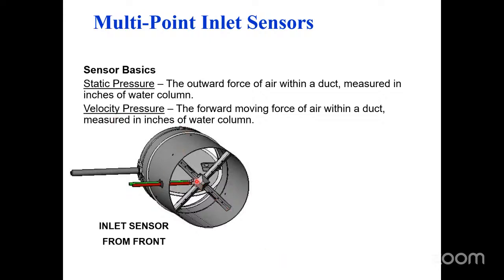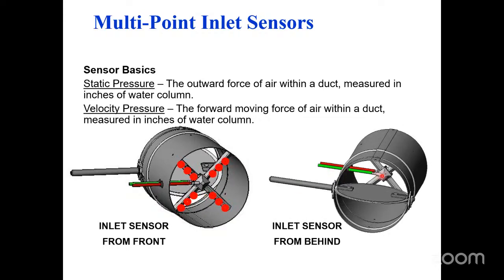So as air is coming into the duct system, I don't know if you can see the damper back there. This is before we get to the damper. Air is flowing this direction, and there are holes in the probe that measure the velocity pressure. And on the back side of the probe, there's a couple other holes that measure the static pressure.